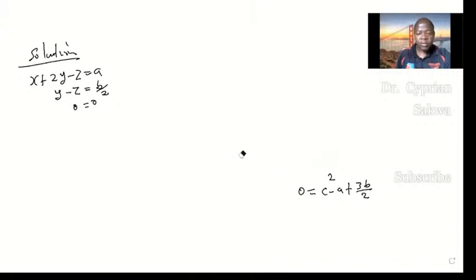Now we solve this system from the bottom going up. We assume that 0 equals 0 is not there because that was the condition we wanted to have. So let me just remove it so that we are left with what we can now solve.